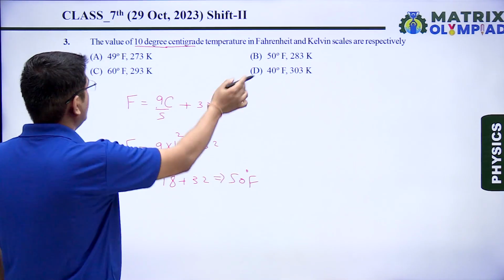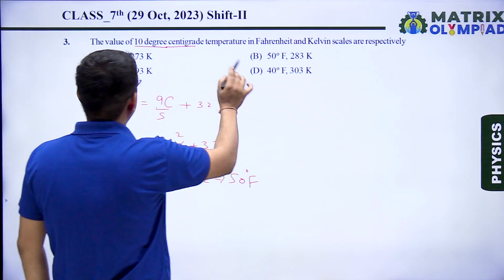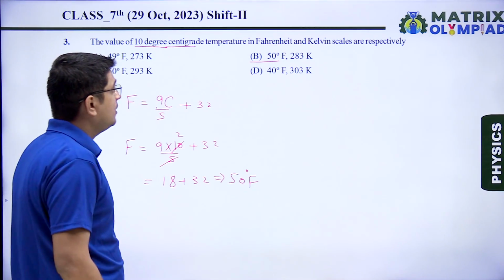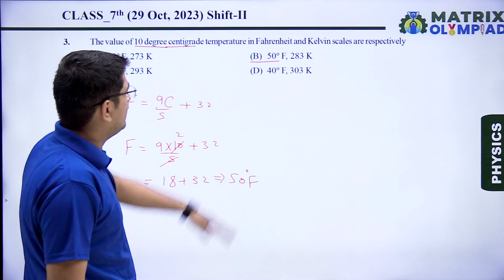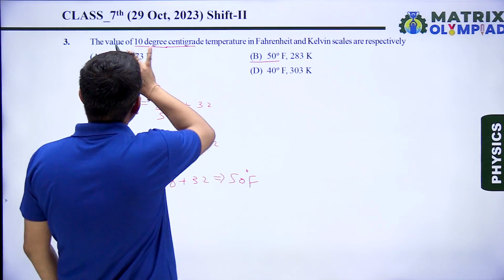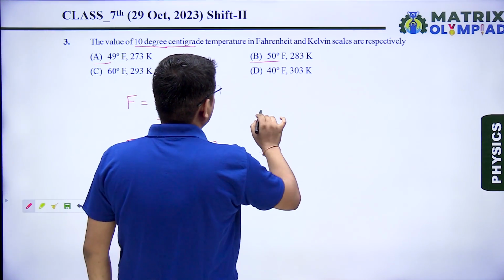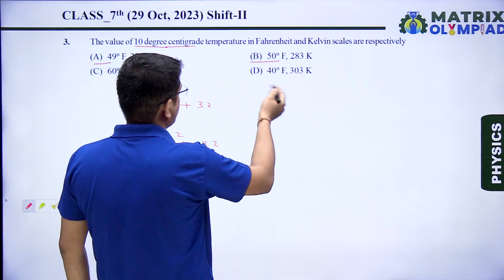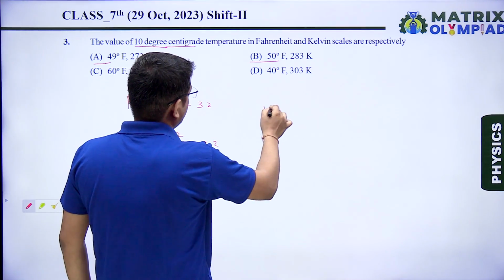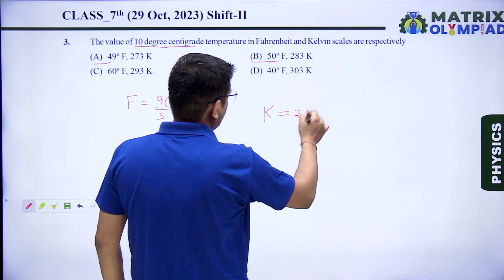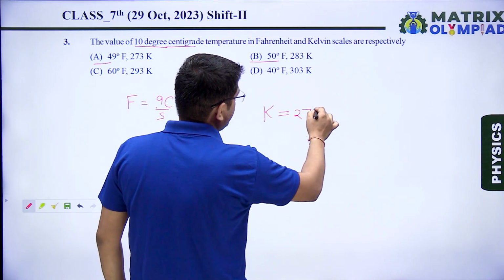As we can see, only in option B it is 50 given. So let us check also for Kelvin. For converting 10 degrees centigrade into Kelvin, there is a formula: K is equals to, which is approximately 273.